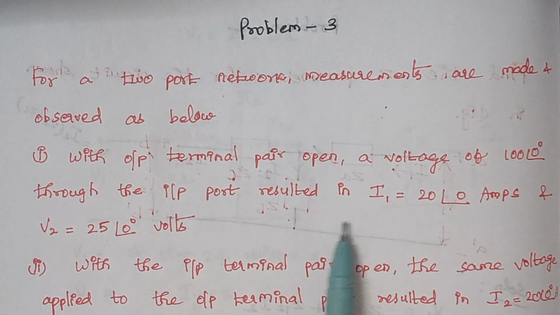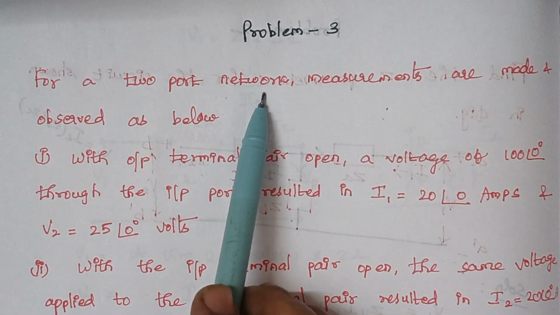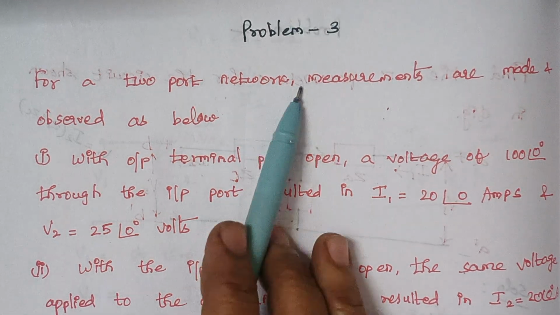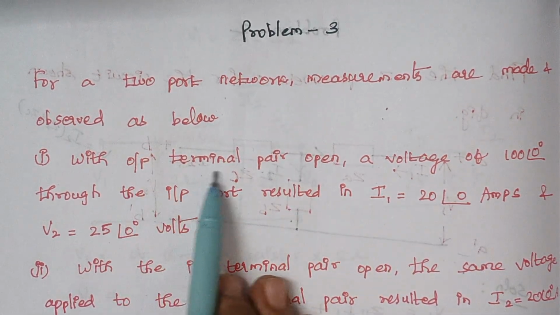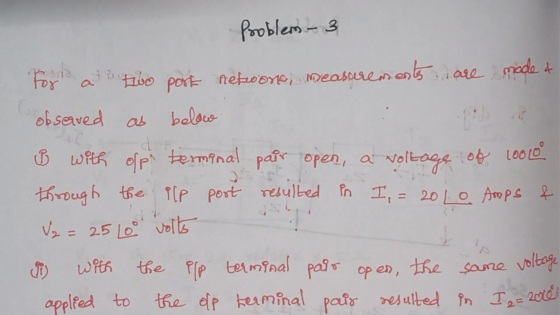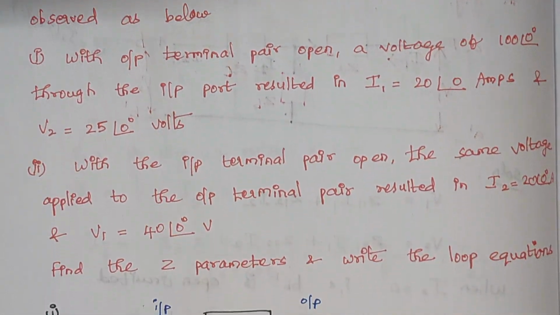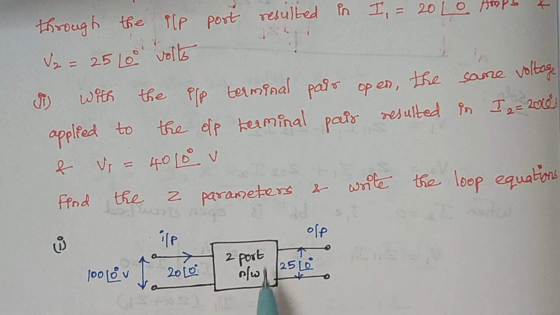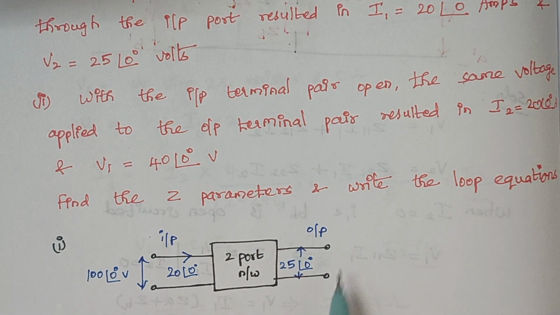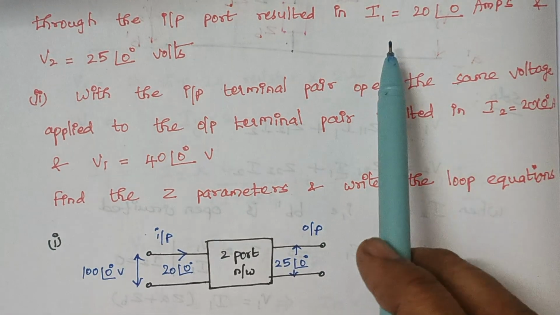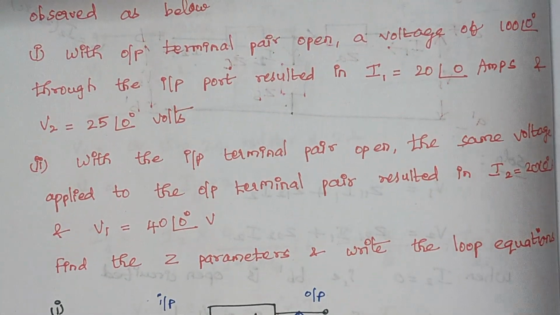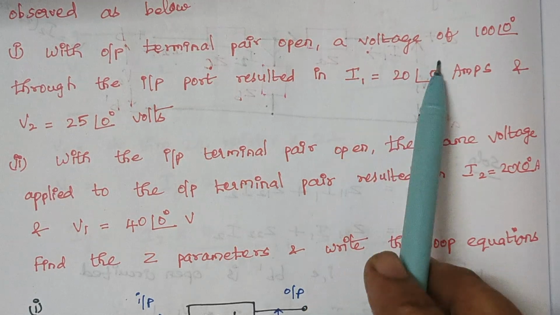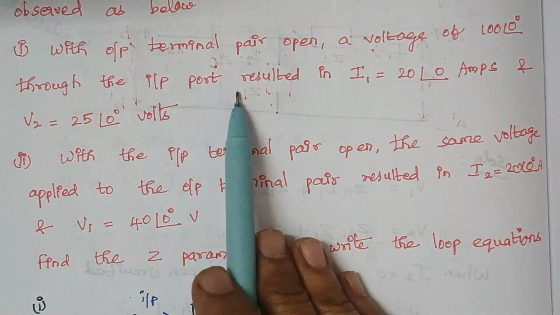So here you see we are having a two-port network, and in this two-port network the output terminal pair is open. So you see this is the diagram. We are having a two-port network and the output port is open. And what about the input port? You see here a voltage of 100 through the input port.